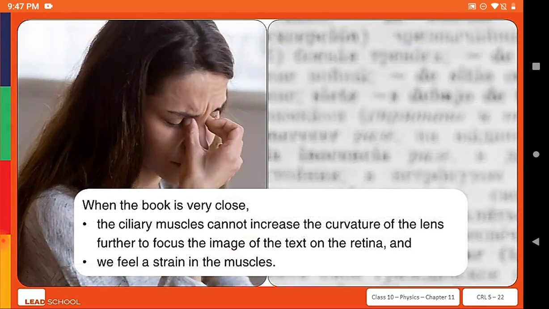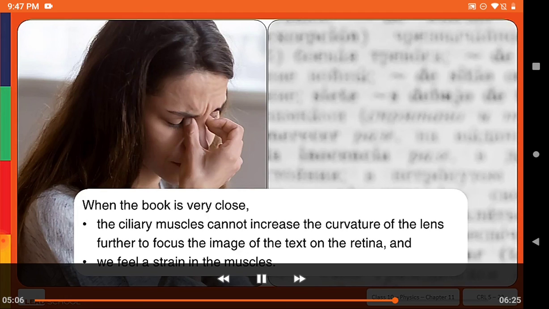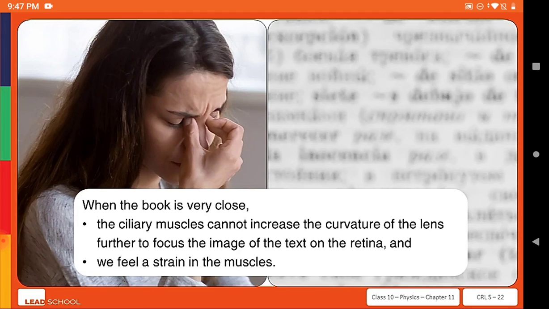When we try to read a book by holding it very close, we feel a strain in our eyes or the text appears blurred. This is because the ciliary muscles cannot increase the curvature of the lens further to focus the image of the text on the retina, and we feel a strain in the muscles.